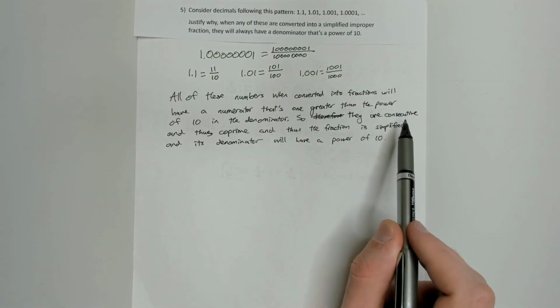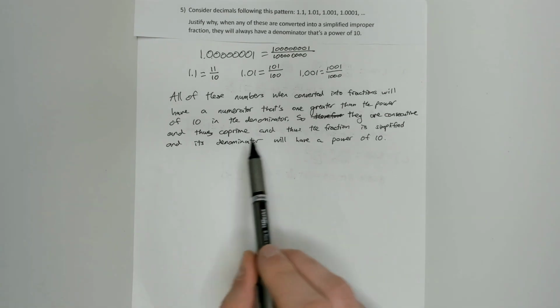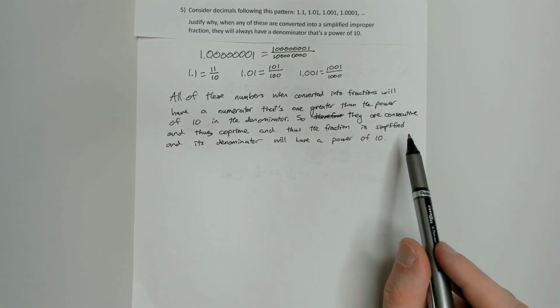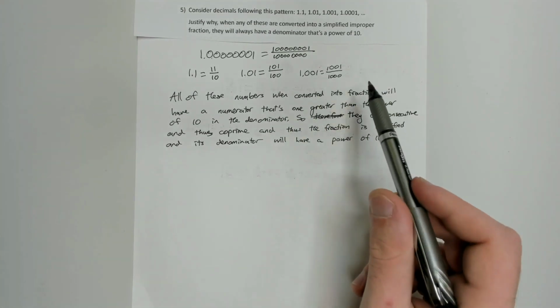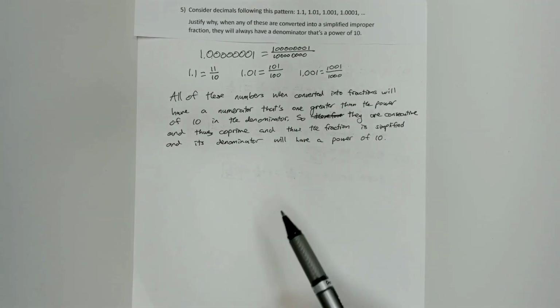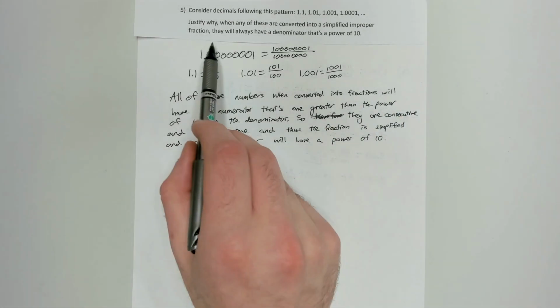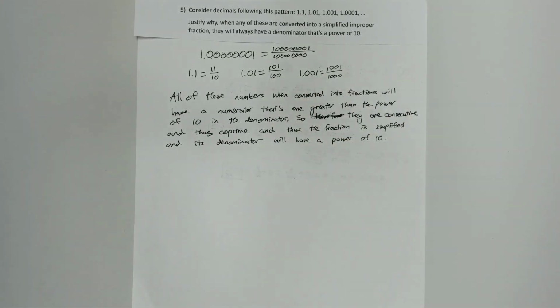So that means these numbers are consecutive, and thus they're co-prime, and thus the fraction is simplified, right? Numerator and denominator are co-prime, it's simplified. So we have a simplified fraction whose denominator will be a power of 10, which is what we were looking for. So we just showed that any decimal of this form has this property.